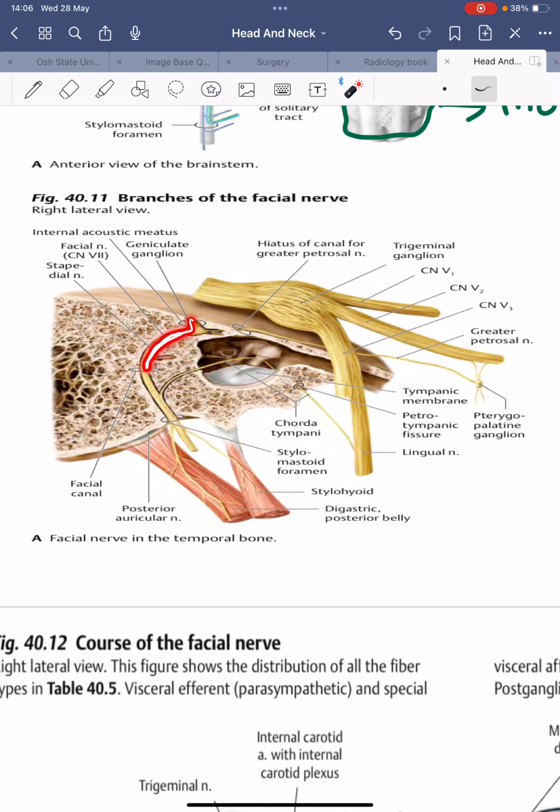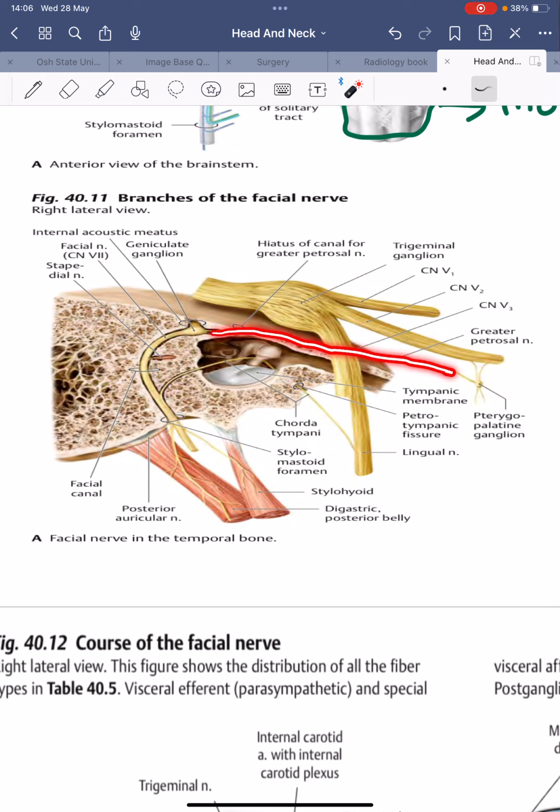This canal is known as the facial canal. Here, this is a swelling of the facial nerve that is known as the geniculate ganglion. Please remember, it is a sensory geniculate ganglion which is receiving the taste fibers. And now it is giving this branch, the nerve to the stapedius.